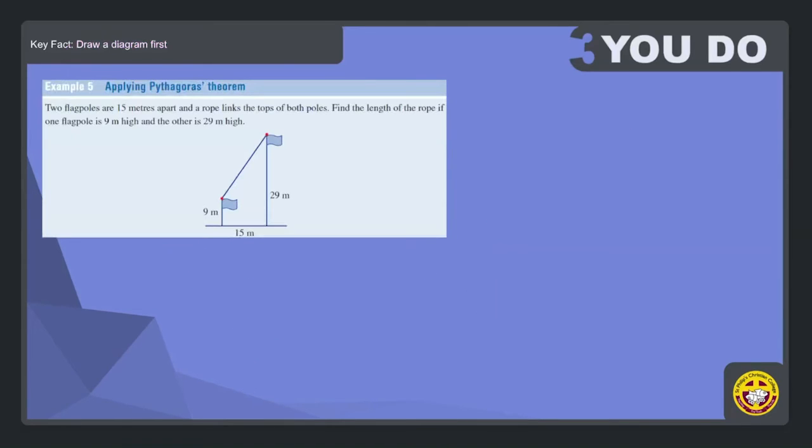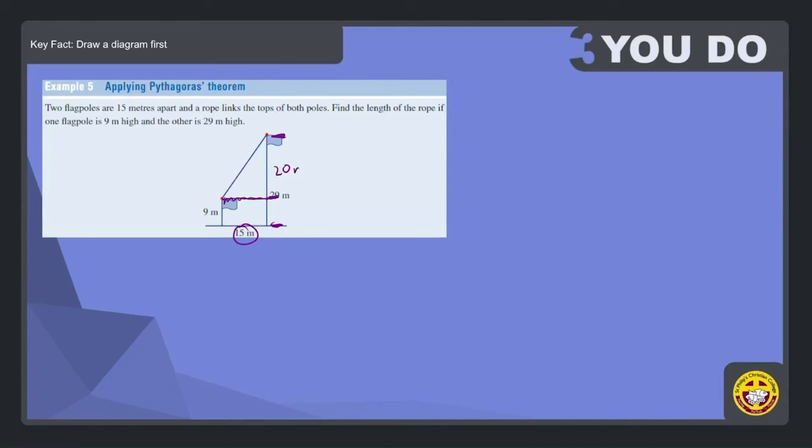The other type of question you might get is something like this, where you already have a diagram, but you just have to find exactly where the triangle is on the diagram, and I'm going to help you with that here as well. This line here down the bottom that's 15 meters is also the distance here of this line. And you need to recognize that this distance, 29 meters, is not the side of the triangle.